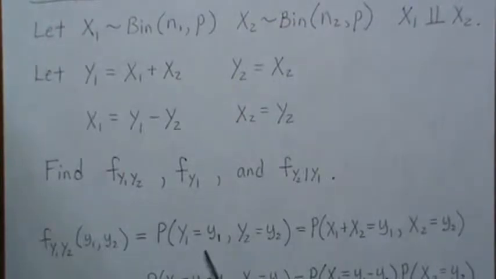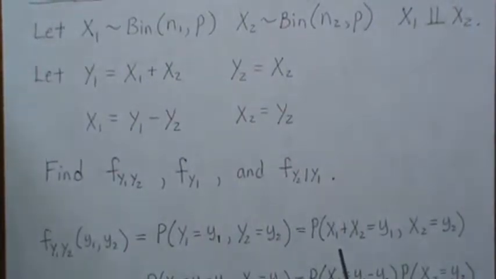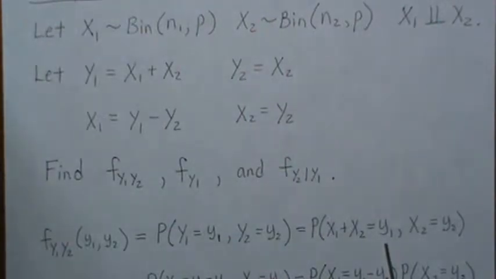But if we substitute in our change of variables, or our transformation, we get this. And then this here is a joint distribution. So it's the probability that X1 plus X2 is equal to little y1 and X2 is equal to y2.